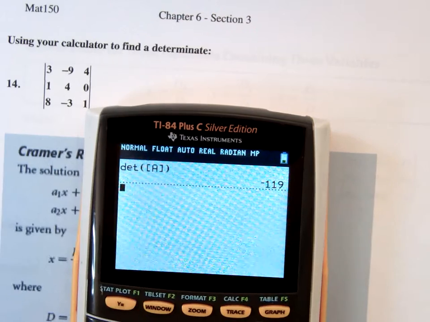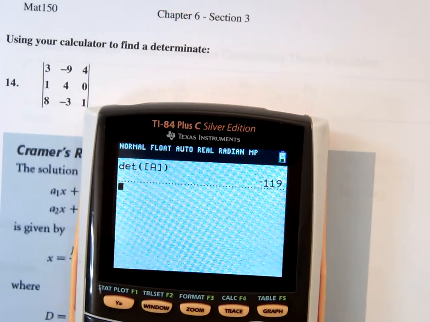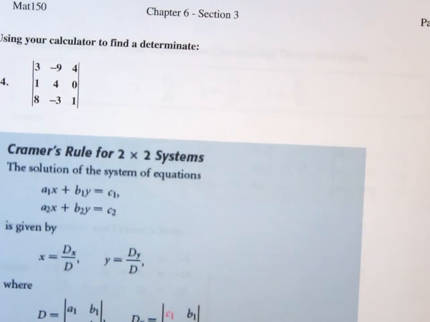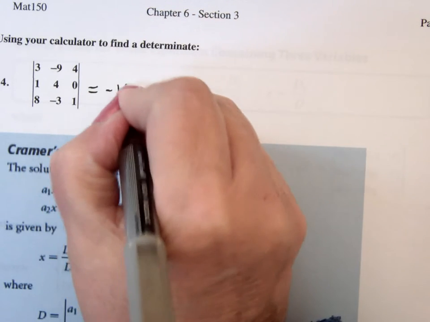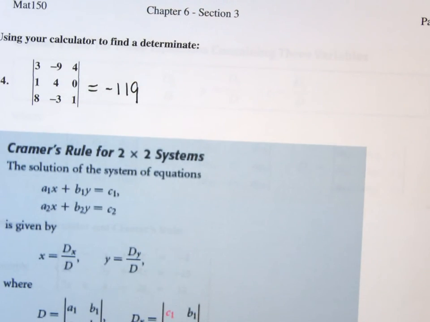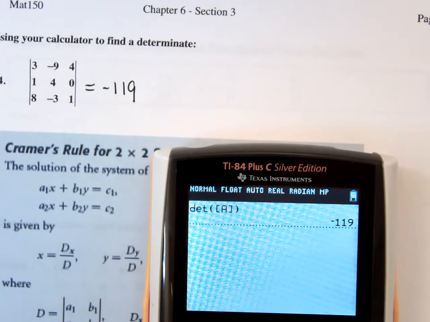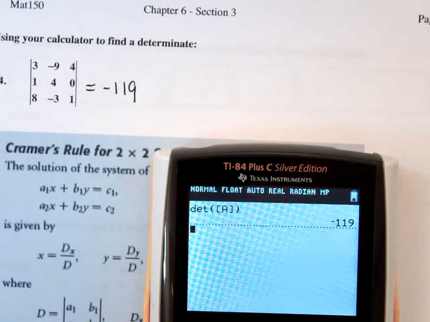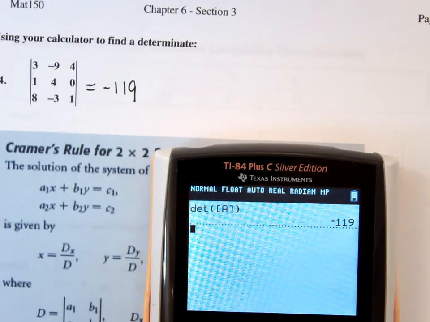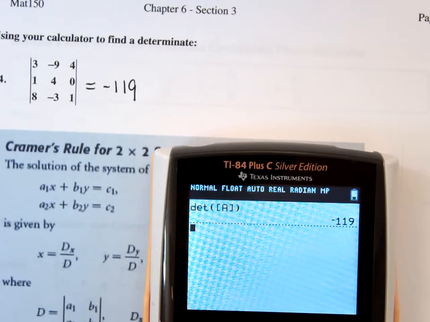And that'll be helpful for large systems, and it's equal to negative 119. So even if you have to do one by hand, you can do it, put it in your calculator, and check your answer if you want to.